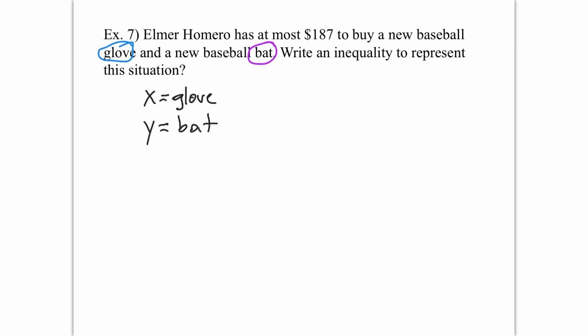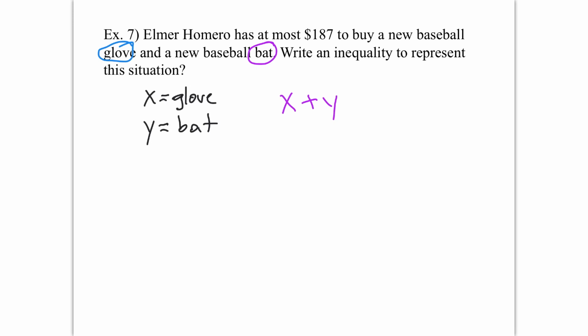When you are going to buy those two things, a glove and a bat, and you go up to the register, well, common sense is you need to add the amounts to know how much you are going to pay. So I'm just going to add the amounts. I don't know what the prices are for the glove and the bat. It varies when you go to a store, but I'm going to start writing X plus Y.